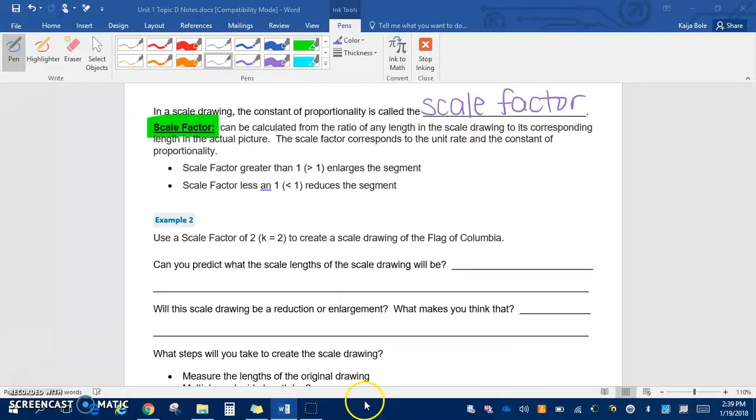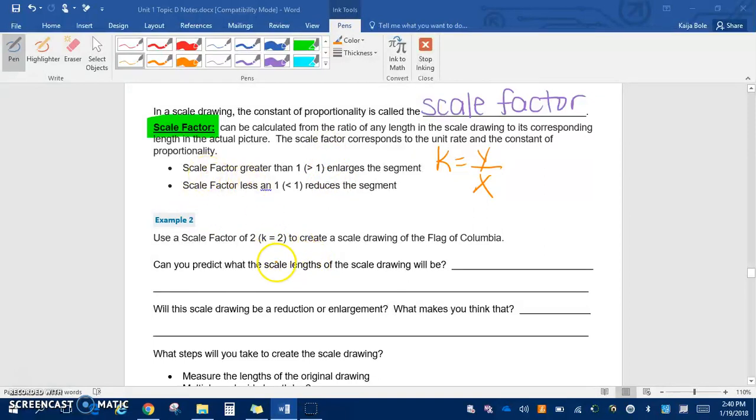So the last thing we're just going to talk about here is this definition of scale factor, which can be calculated from the ratio of any length in the scale drawing to its corresponding length in the actual picture. The scale factor corresponds to the unit rate and constant of proportionality. So write yourself a note here that the scale factor is the same as that K equals Y over X. And it says if there's a scale factor greater than 1, that means it's going to enlarge the picture, it's going to make it bigger.